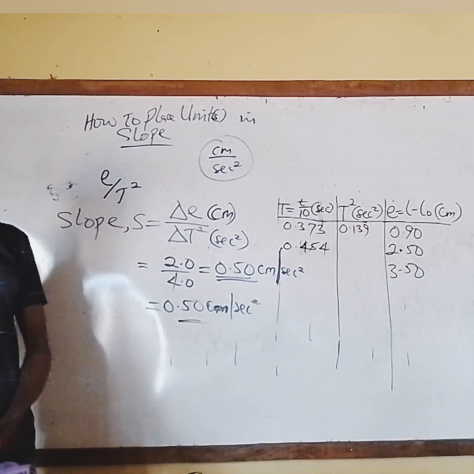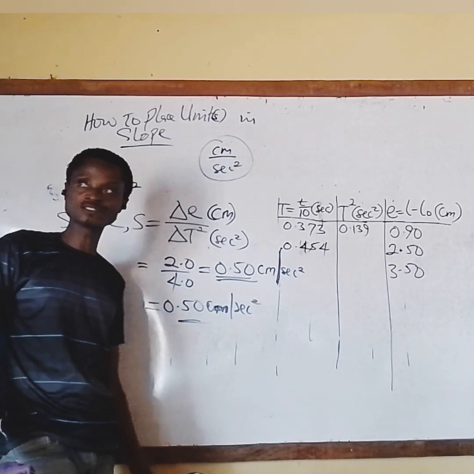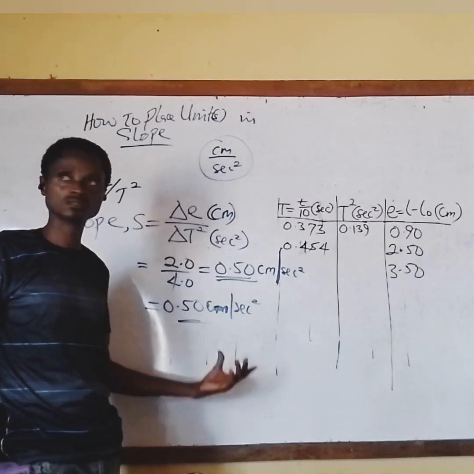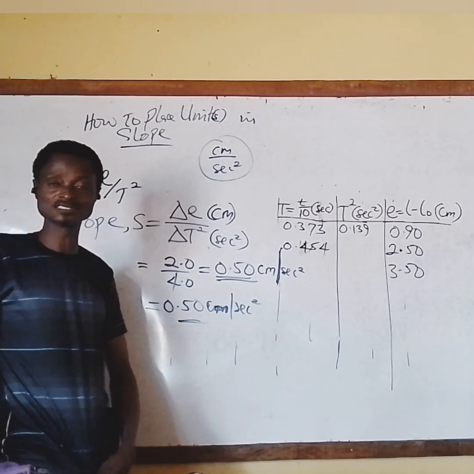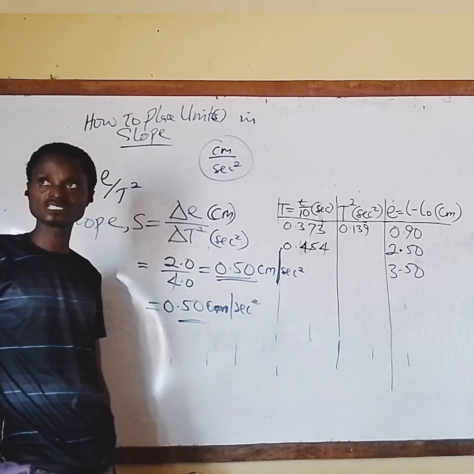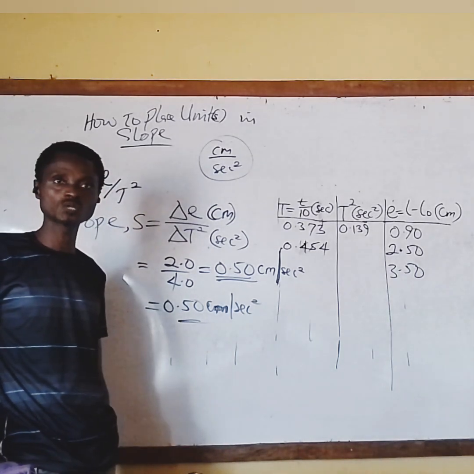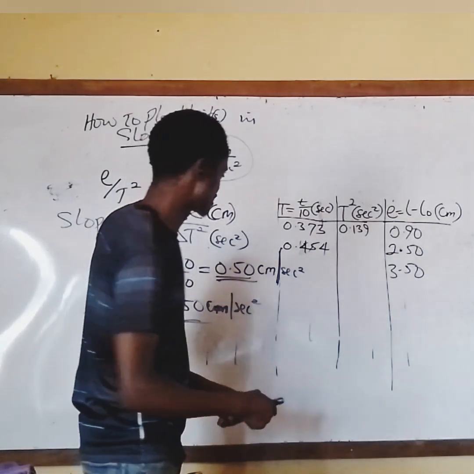There's one more thing you need to understand. Slope is the same thing as gradient. That is, if you go back to your further mathematics, slope is the same thing as gradient. In physics, slope can still be referred to as acceleration. Do you understand that?